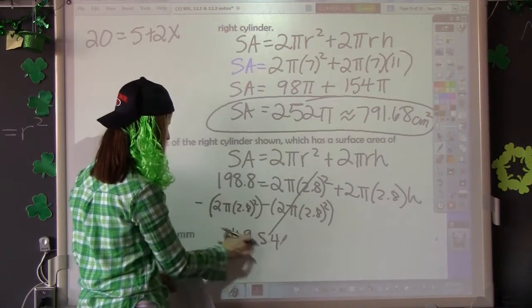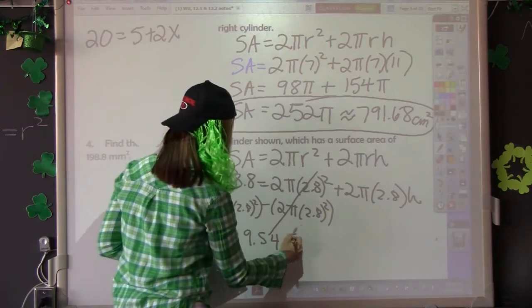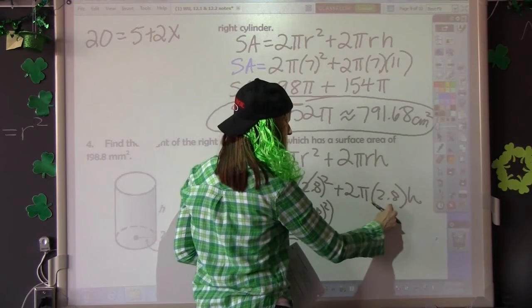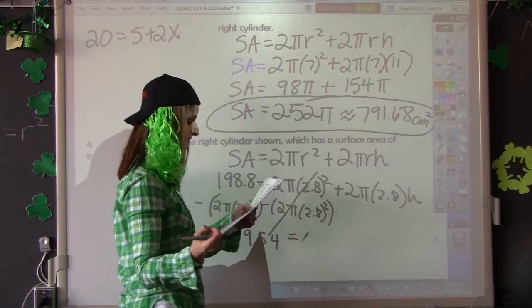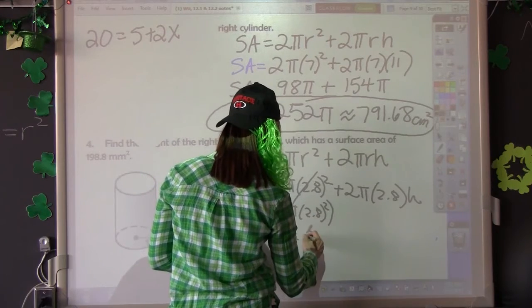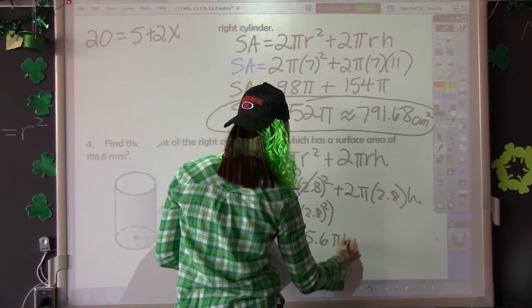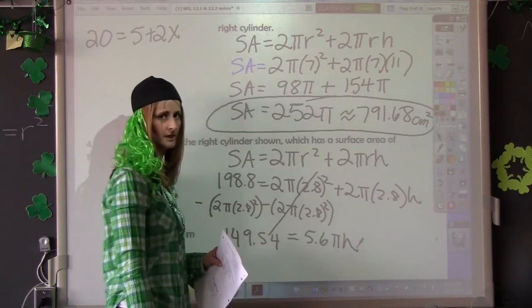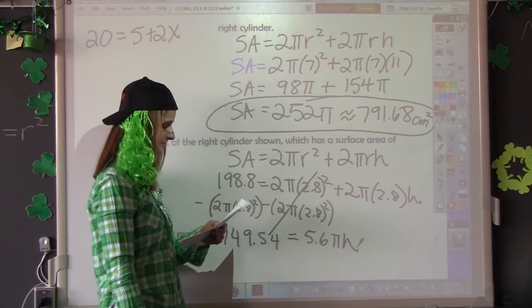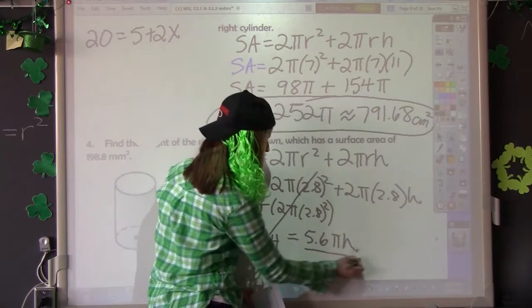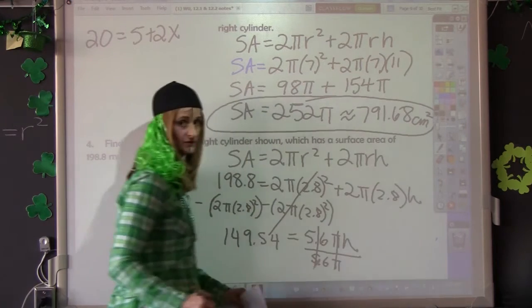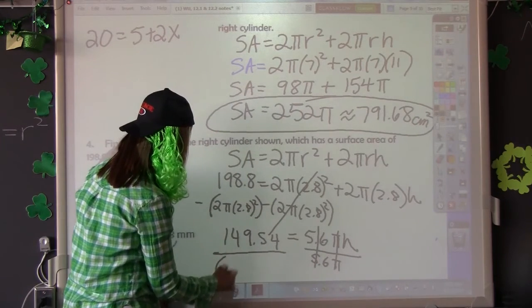Okay, subtracting those two numbers, you get this approximately equals, now, when you multiply 2 times pi times 2.8, you get 5.6 pi times h. I multiplied the 2 by the 2.8, left the pi. Now we're going to divide both sides by all of h's friends, and this is a quantity.